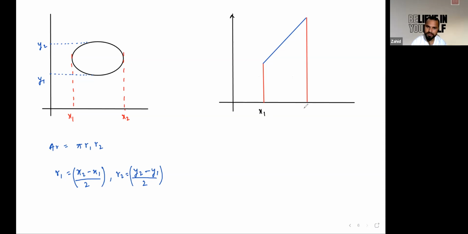It will have x1, x2 coordinates at this point. This coordinate will be y1 and this coordinate will be y2.